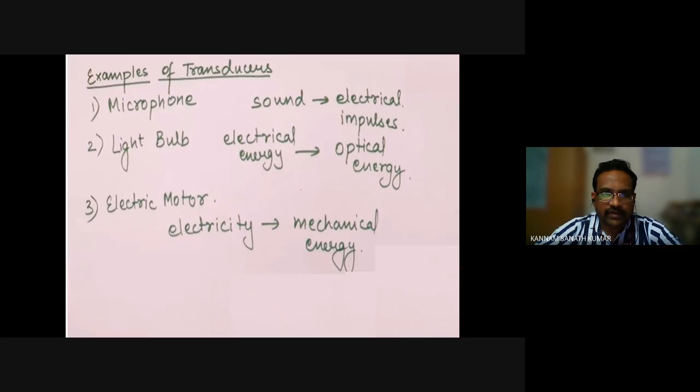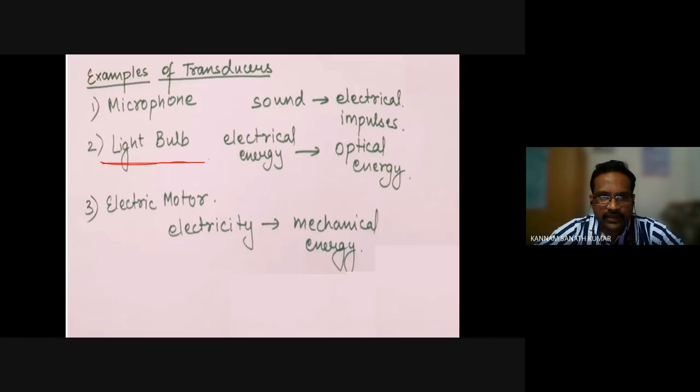Some examples of transducers are the microphone. Whatever sound signals are there will be converted into electrical impulses. With a light bulb, the transducer not only converts mechanical or non-mechanical energy to electrical form, it can also convert electrical form to another form.